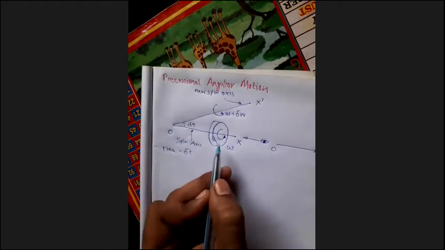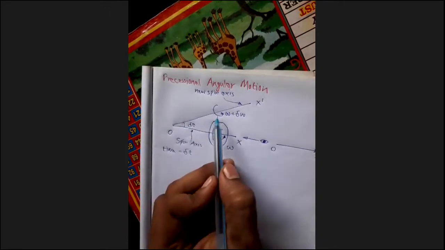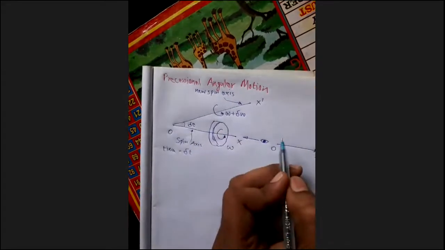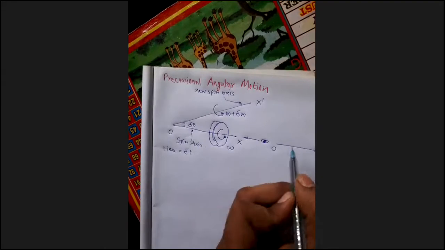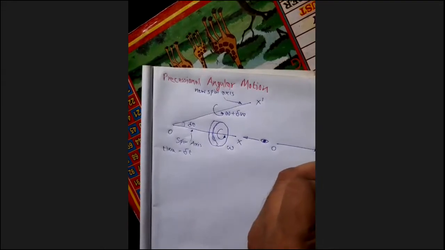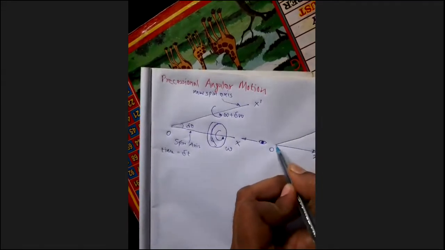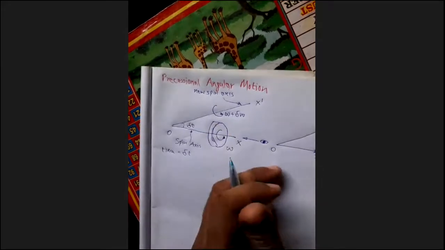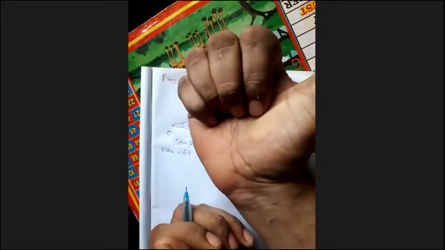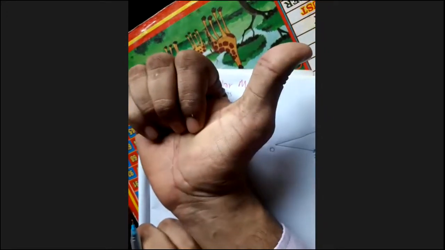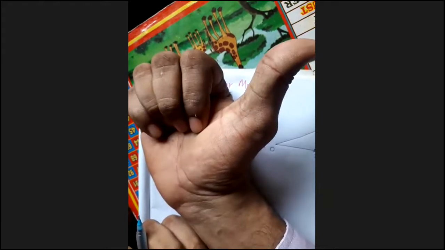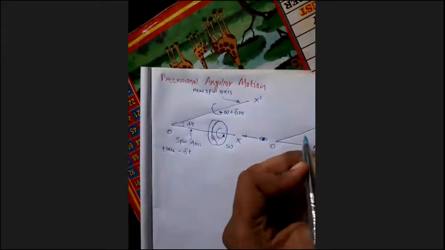Now when the disc is rotating about the new spin axis, applying the right hand rule to this axis, this will be the direction of the new angular velocity.